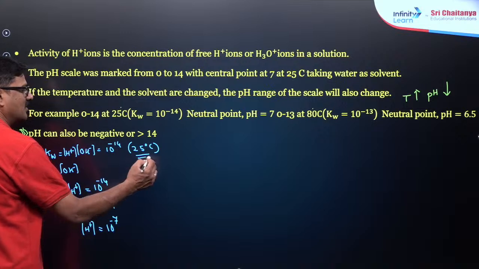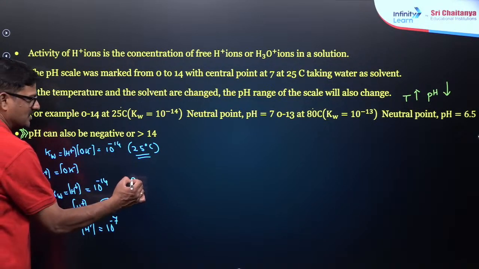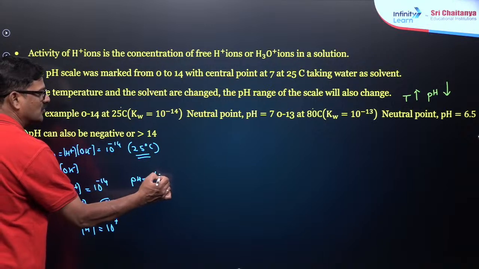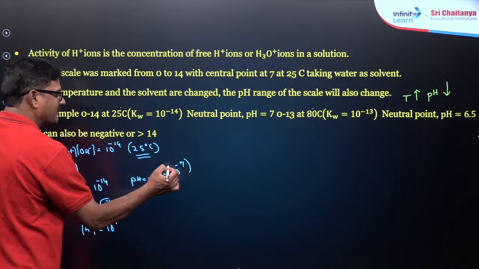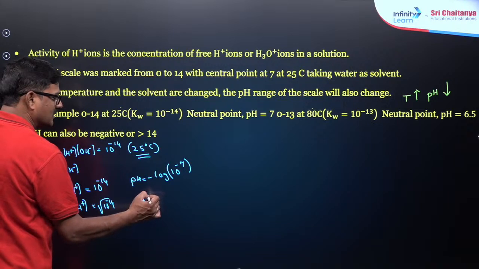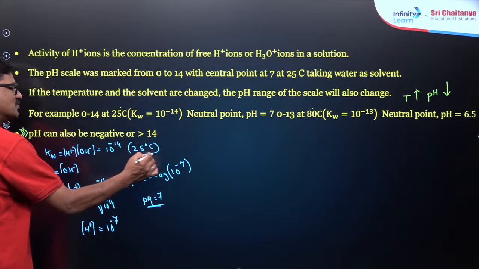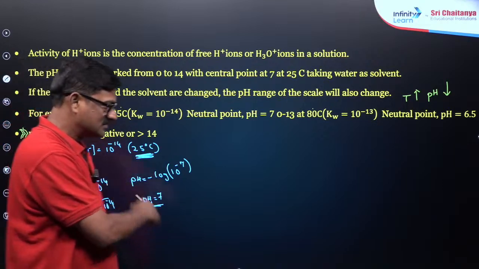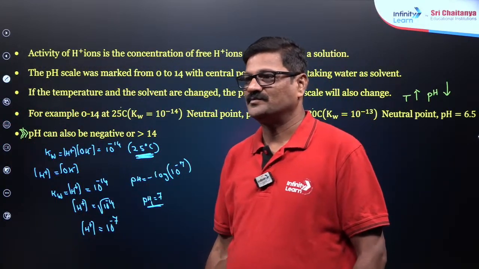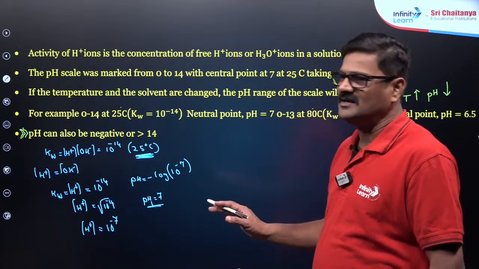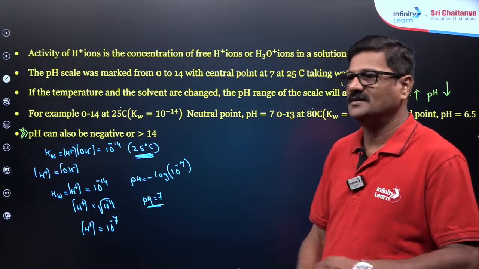This is the scenario at 25 degrees centigrade. So pH is equal to negative log to the base 10 of 10 to the power minus 7, and the pH of water, being neutral, is 7. This calculation is true at 25 degrees centigrade, for weak and strong alike.